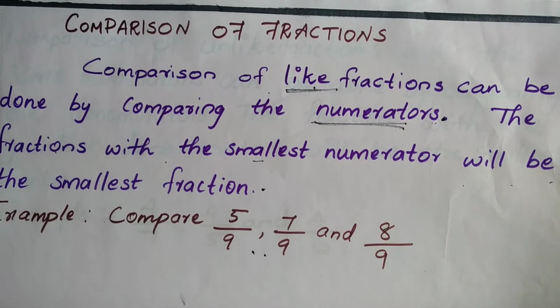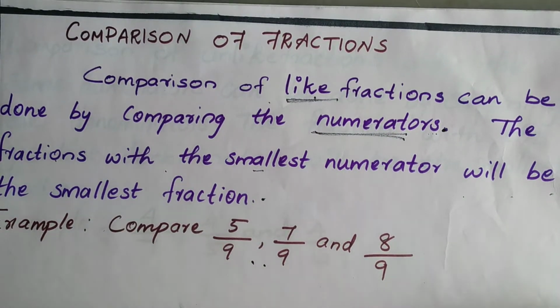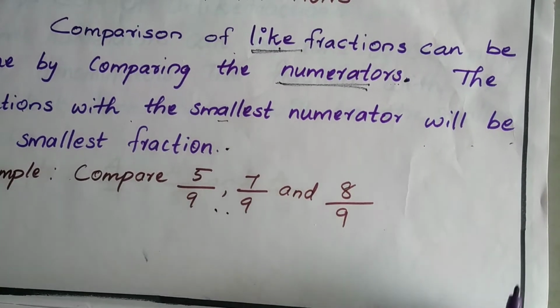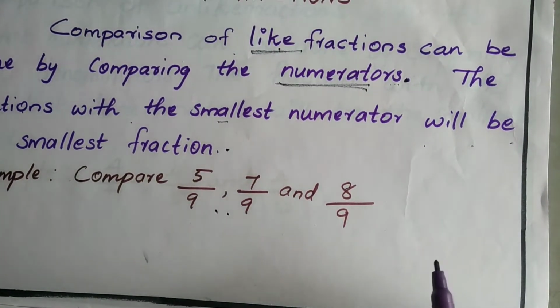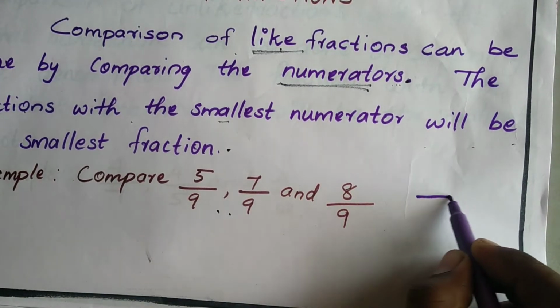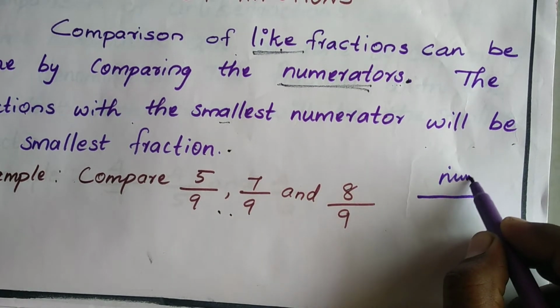Before that, I want to know, some students have doubt in numerator and denominator. Here I am going to explain what is numerator and what is denominator. Simple concept. Consider this line. Above the line is called numerator.